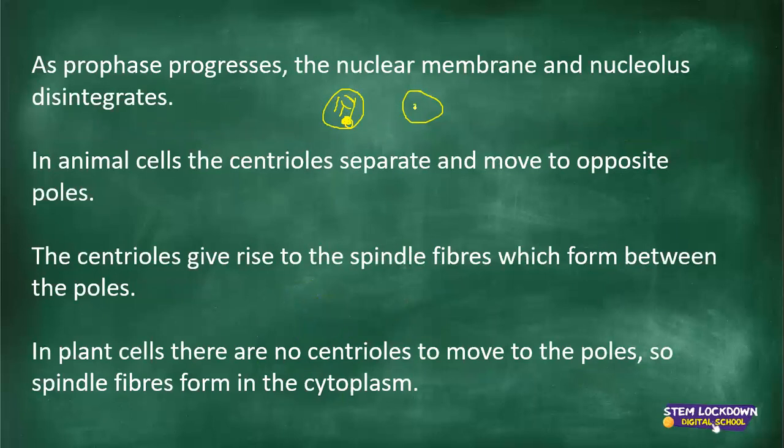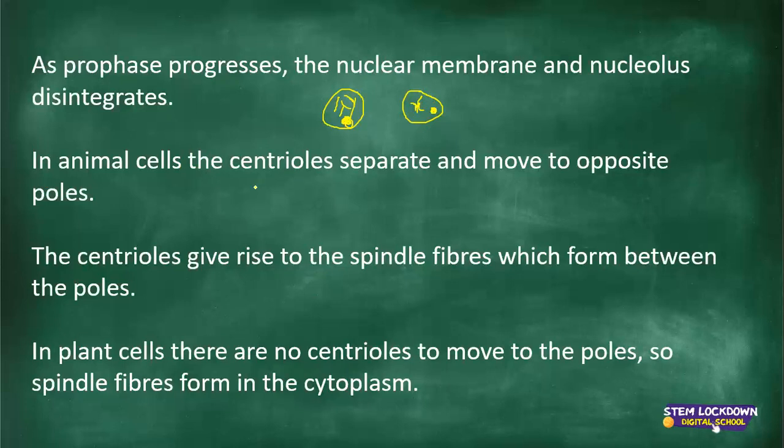As it thickens, it forms the chromosome, joined together by the centromere. You still have your nucleolus over here. Remember your nuclear membrane is this one that's covering this nucleus, right? It will disintegrate.